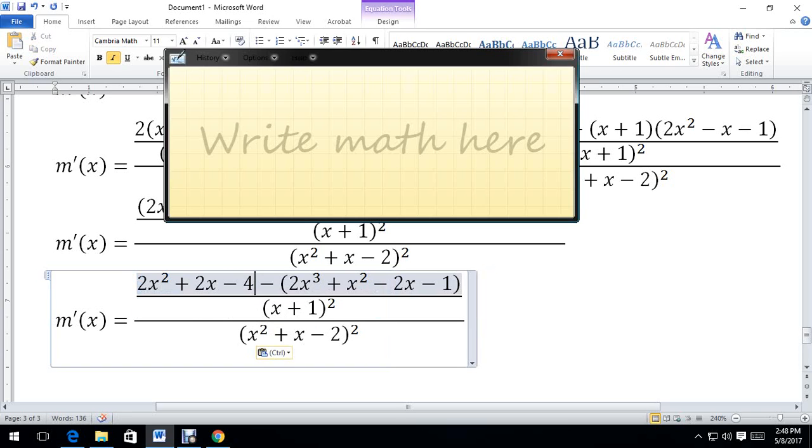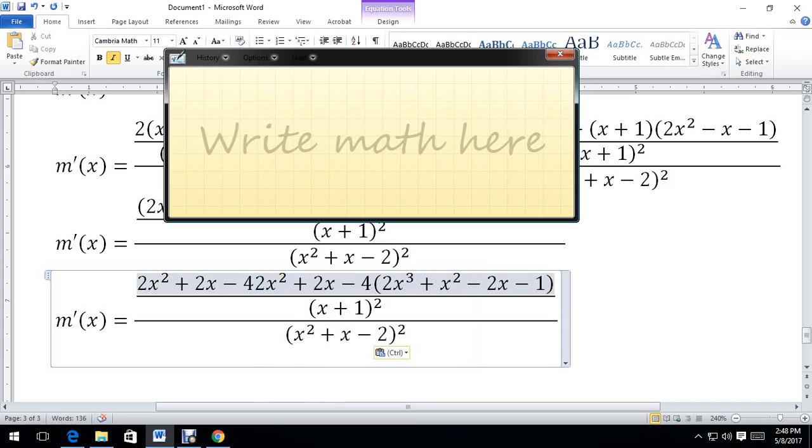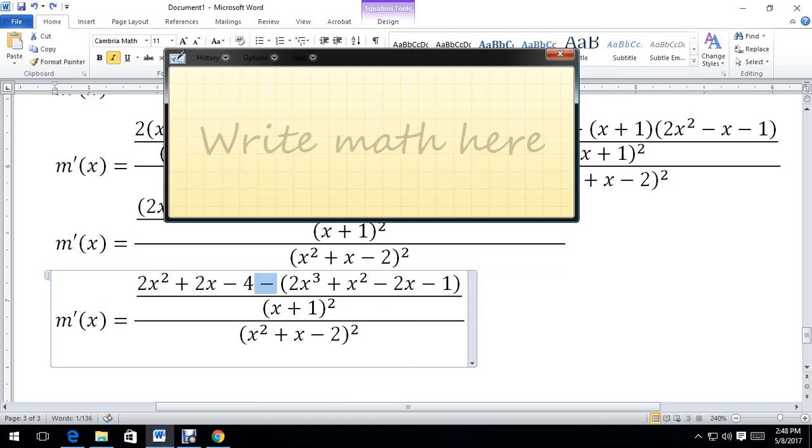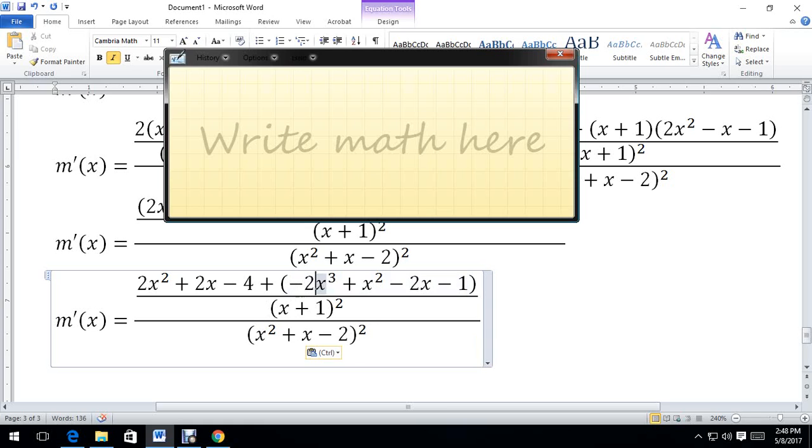Dropping the parentheses. As for the second expression, we need to distribute the negative sign to everything here, so that this becomes plus, and this becomes negative 2x cubed, minus x squared, plus 2x, plus 1.